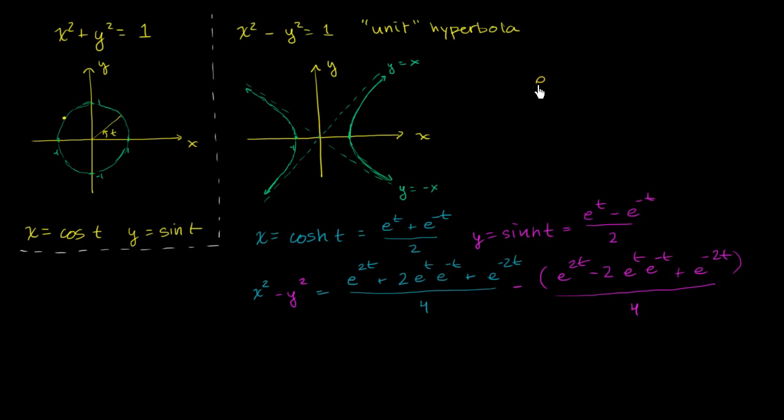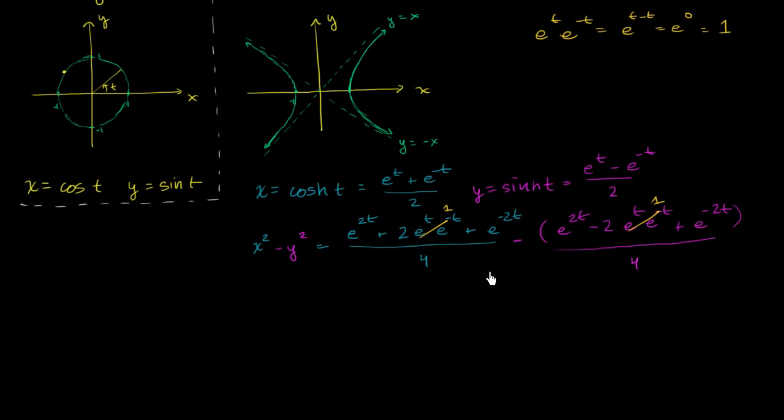So immediate couple of simplifications here. e to the t times e to the negative t, that's just e to the t minus t, which is equal to e to the 0, which is equal to 1. So this is going to be 1, that's going to be 1. And so we're going to have a 2 in either of those cases. And if we were to simplify all of this stuff right over here, I'll do the numerator.